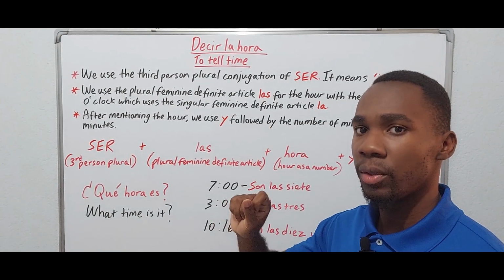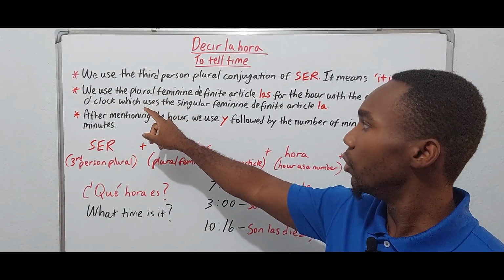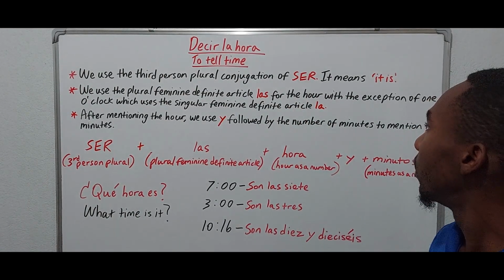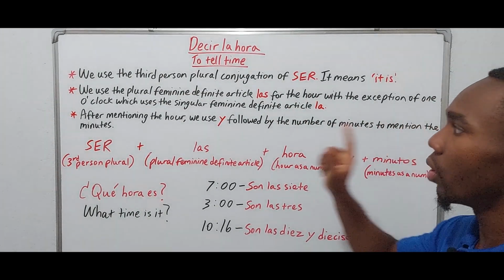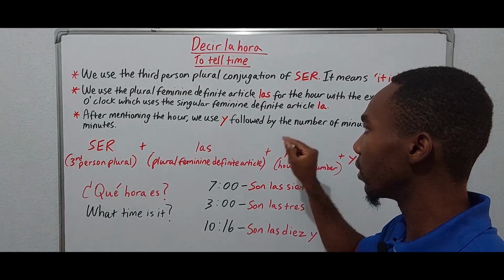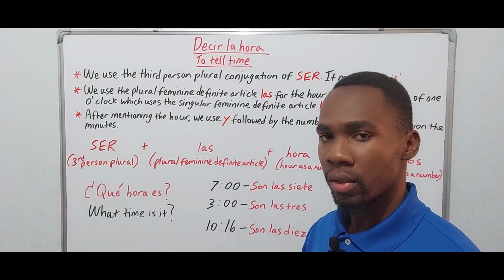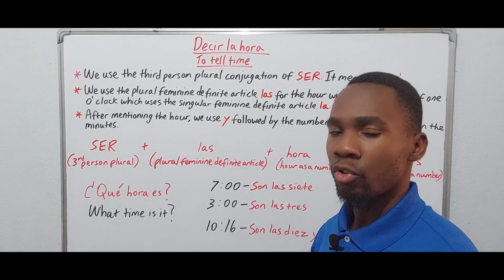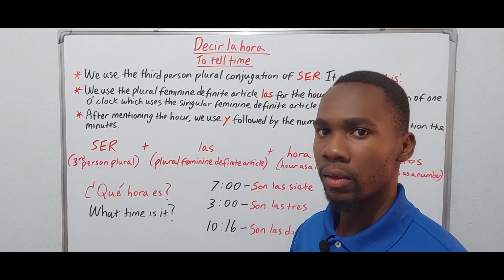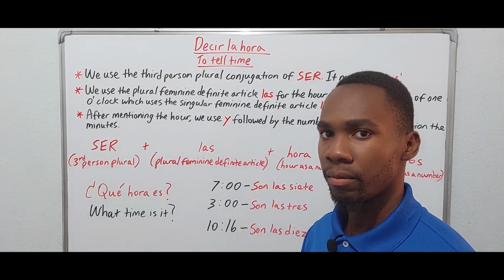After we use the verb ser, this is the second thing that we do. We use the plural feminine definite article las for the hour, with the exception of 1 o'clock, which uses the singular feminine definite article la. Okay, so son, las. So for every hour apart from 1 o'clock, we will use las, right?